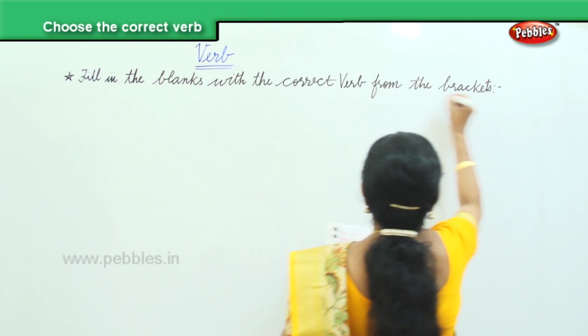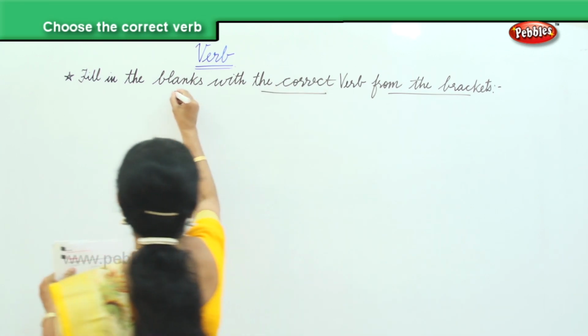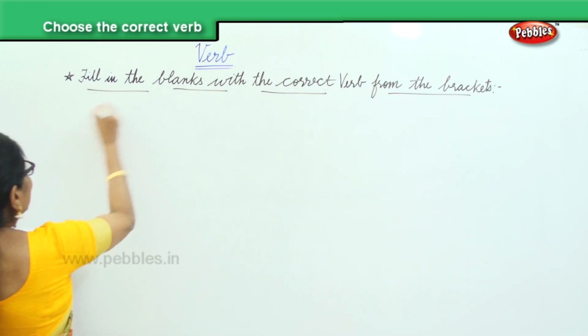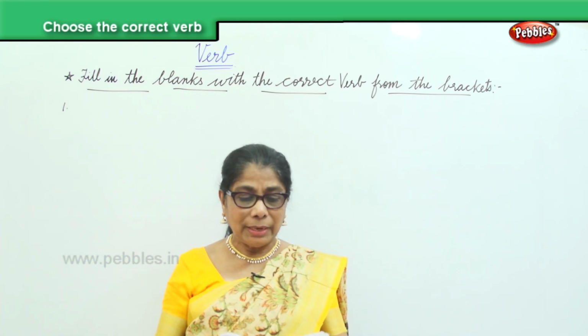So you are given more than one verb. Learn to choose. How do you learn to choose? By reading it aloud to yourself. When you read aloud, most of the time you are able to detect the problem.